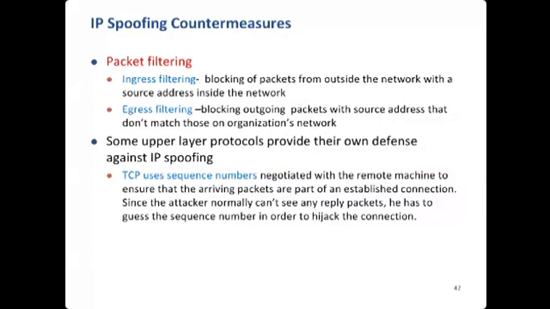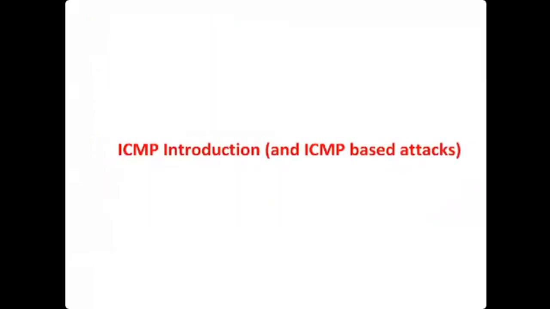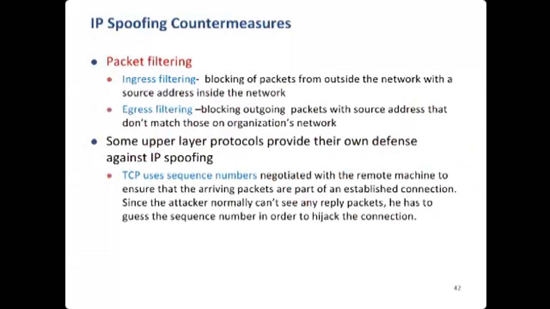The sequence number also goes along with the packet. While at the IP layer you can change the source address, it's very difficult to find out the sequence number. We'll look at this technique when we study TCP. All right, so these are some ways the IP packet can be manipulated.